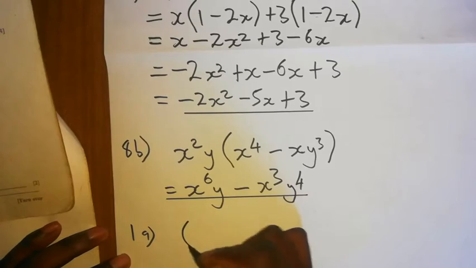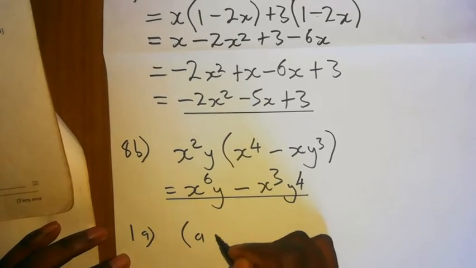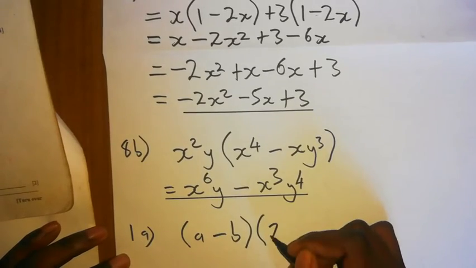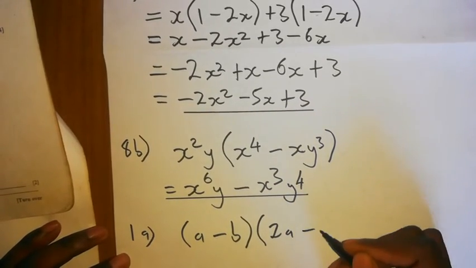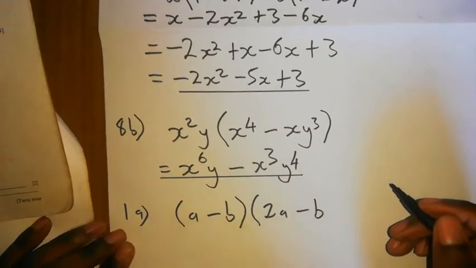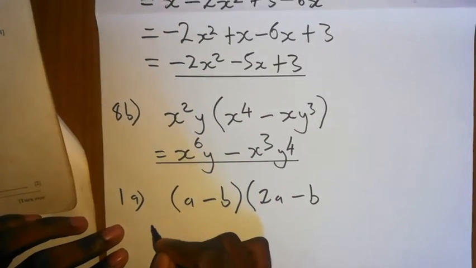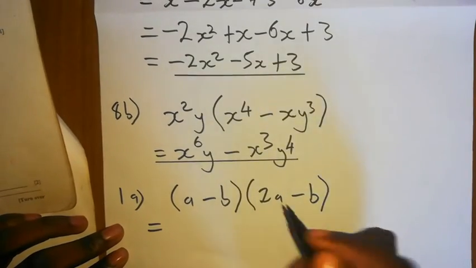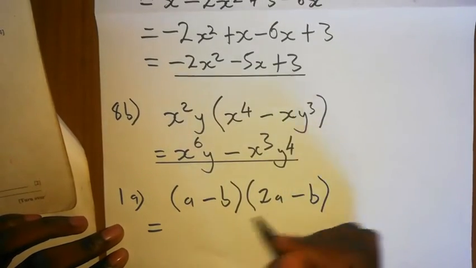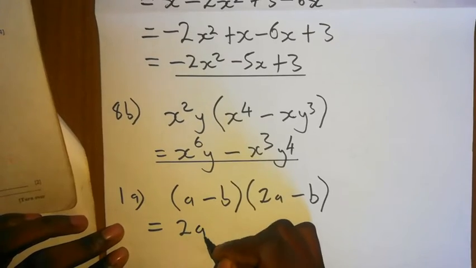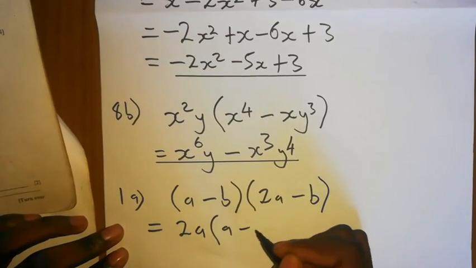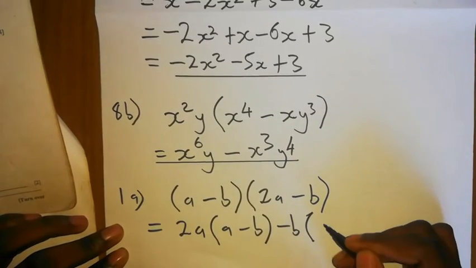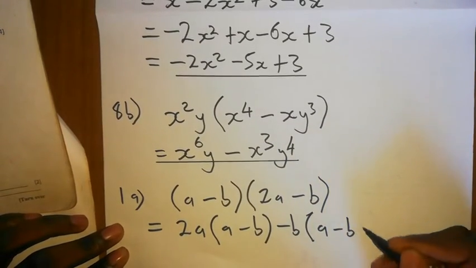So we have got remove brackets and simplify of a minus b, then 2a minus b. You see, 2a minus b. So I'm going to use my common concept. The second bracket multiply the first bracket twice or vice versa. So I'm going to factor out my 2a, then a minus b close, minus b bracket a minus b again.